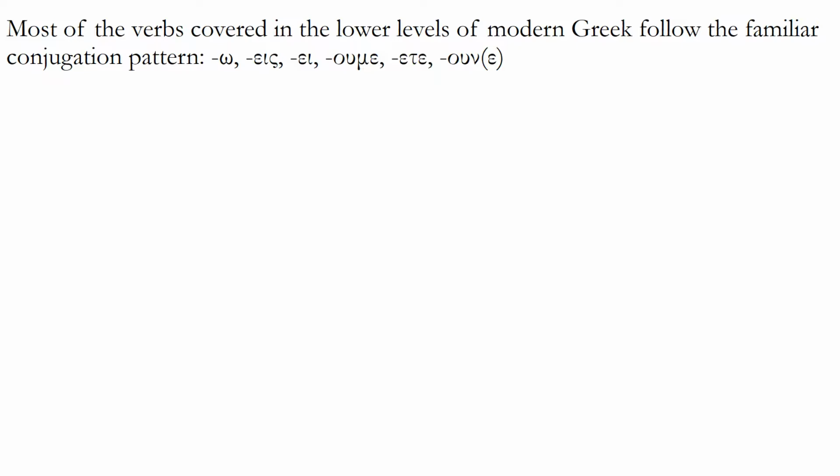So most of the verbs covered in the early levels of modern Greek follow the familiar conjugation pattern o, is, i, ome, ete, un. So for example, a verb like pleno, I wash. We would say pleno, plenis, you wash, pleni, he, she, or it washes, plenume, we wash, plenete, you all wash, plenun, they wash.